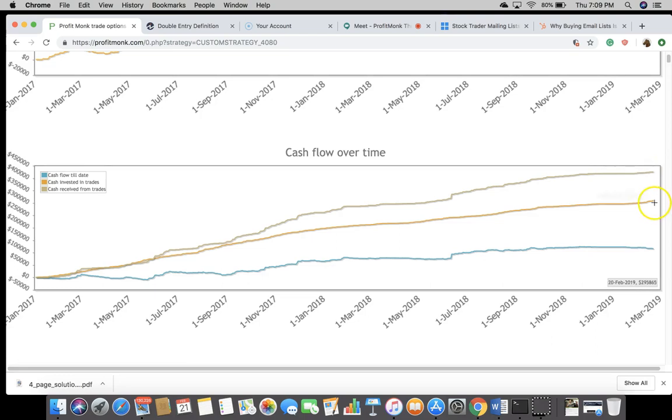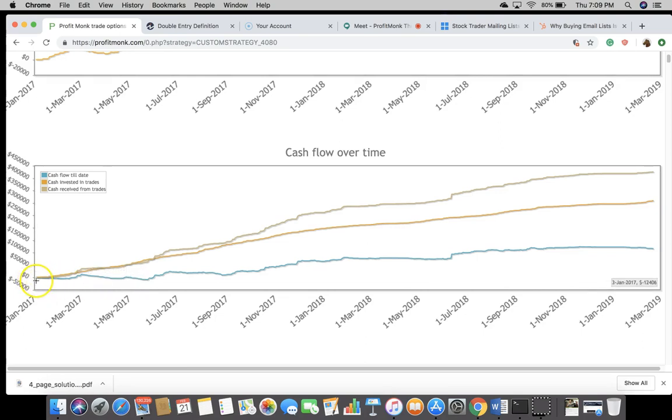So while you have invested 308k of total money over the last 2 years, you would have a receivable of 424k as well. The blue line here is just the difference between these two. What that means is that the blue line is your actual cash in hand by the dint of making all these trades. It's very important to understand this.